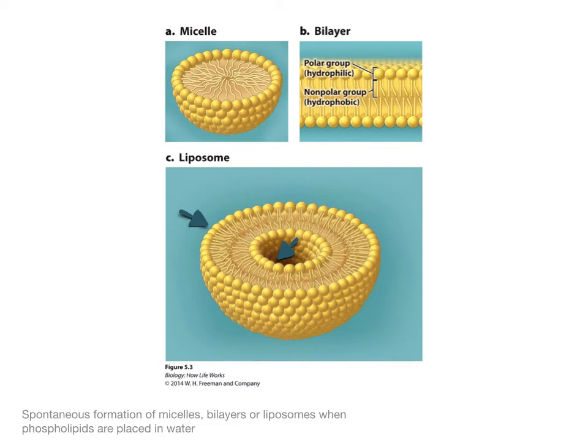And both the internal and outermost layers will be covered by the hydrophilic heads, while the hydrophobic tails of the two layers of phospholipids will again create the thick bilayer, but this bilayer will form a sphere so that no hydrophobic tail can be in contact with water molecules.